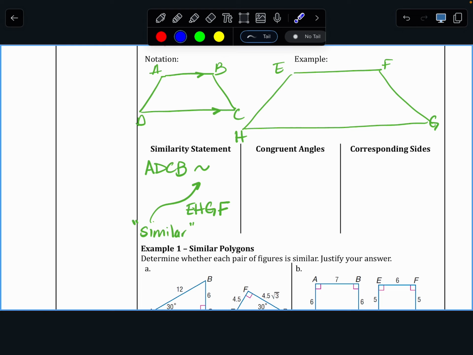That means that I can look at this name, just like before, and see that angle A should be congruent to angle E. That's one of the requirements, is they have to be the same shape. So then angle D is congruent to angle H because we have the second letter in our set.